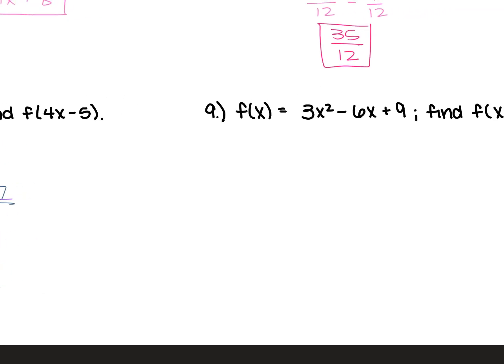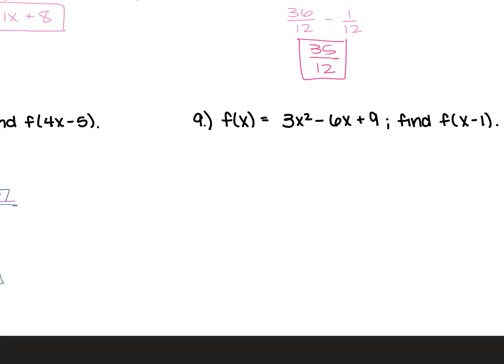For number 9, you have f of x is equal to 3x squared minus 6x plus 9. You're finding f of x minus 1. So that's going to give you 3 times (x minus 1) squared minus 6 times (x minus 1) plus 9. So from here, we are going to separate the (x minus 1) squared.